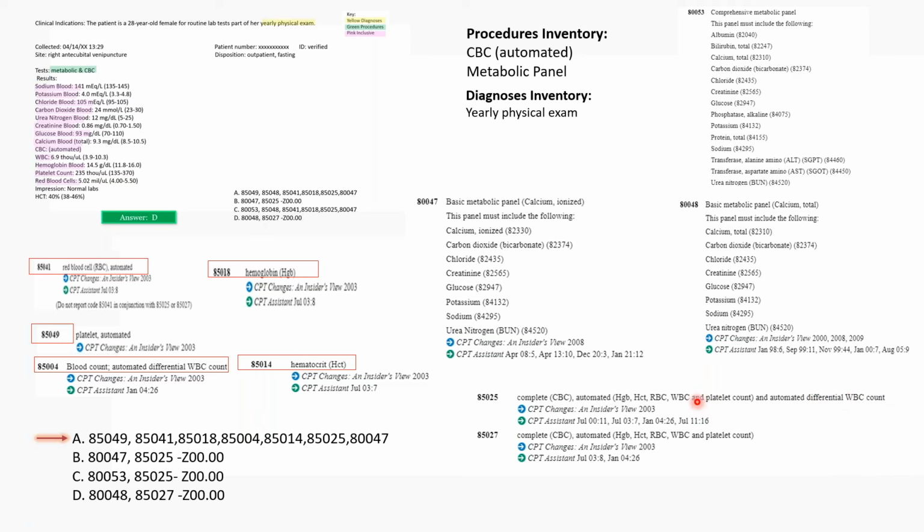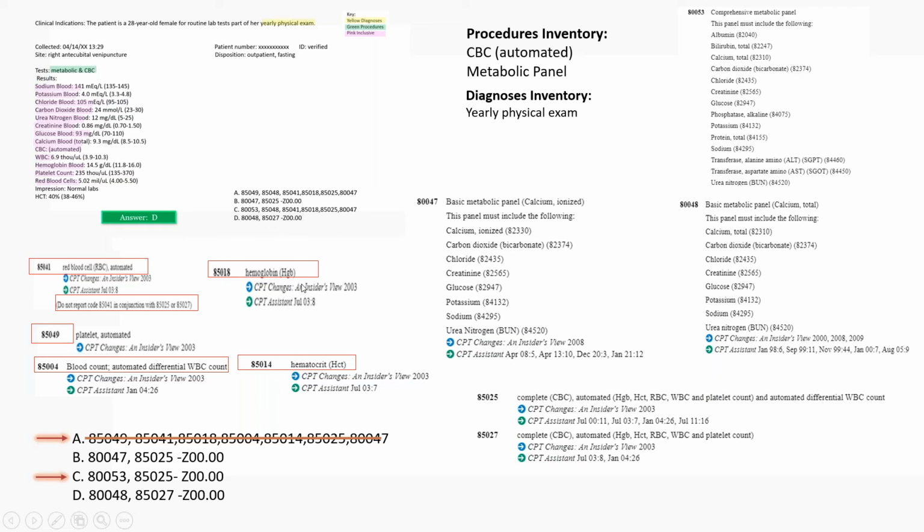Well, this was not performed. All the remaining codes are already included in CBC. And they are also saying over here, do not code 85041 in conjunction with 85025 and 85027. So will we code something which is already included in the panel or included in a particular test? No, we are not supposed to code them. That's why option A is wrong.